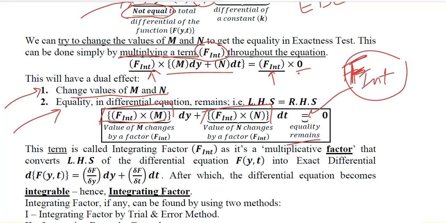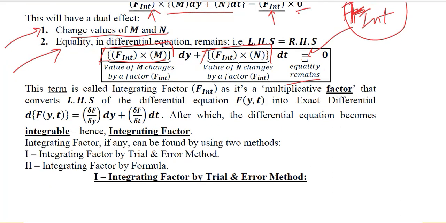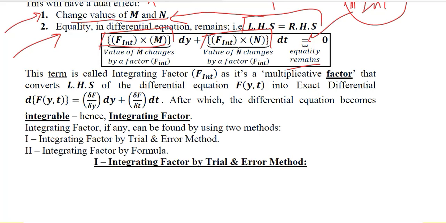Equality is still there, and the values of M and N have changed. So this is the right thing to do, that is, without affecting the equality, we are changing the values of M and N. Now we call it integrating factor because it's a factor, it is getting multiplied, as you can see.